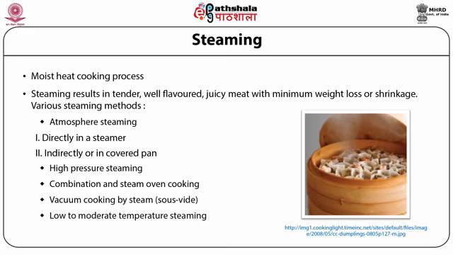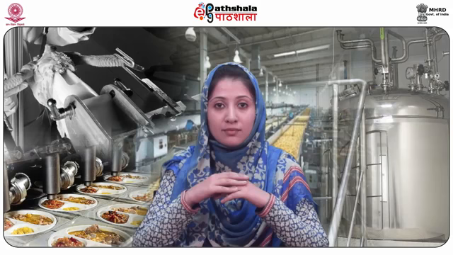Low to moderate temperature steaming: cooking of meat between 70 to 100 degrees Celsius. This method is ideal for steam blanching, preserving, steam cooking, cooking in vacuum, thawing, reconstituting, and reheating meat.